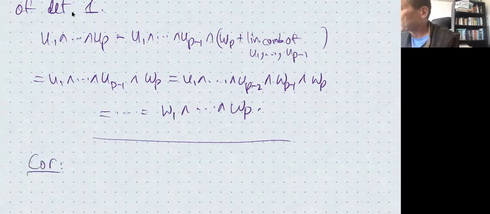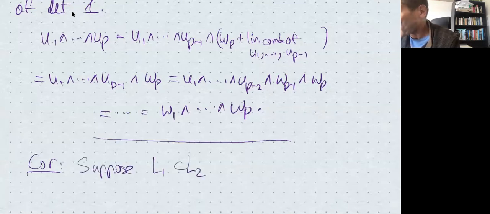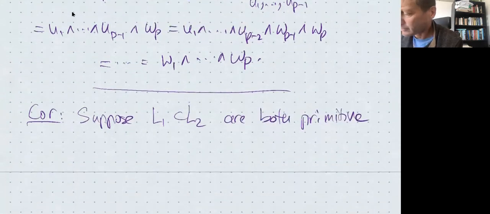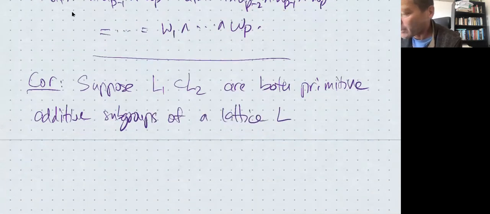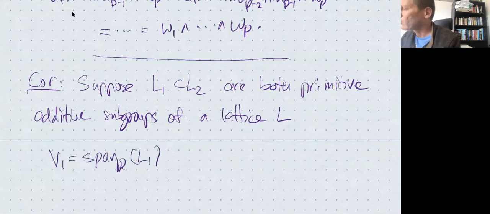So the first thing we need: suppose L1 and L2 are both primitive additive subgroups of a lattice L. And let V1 be the span of L1.